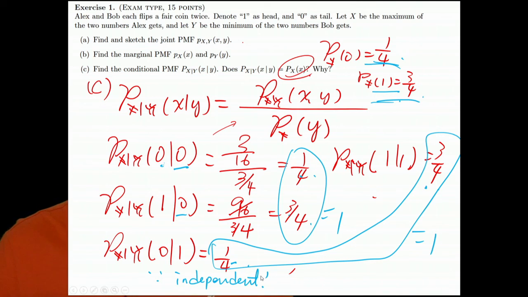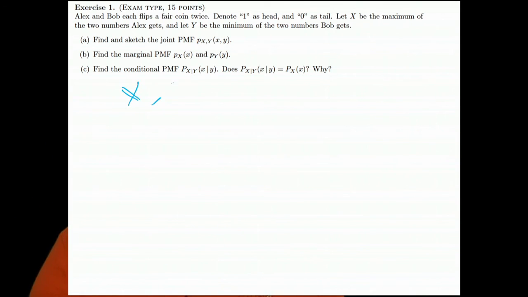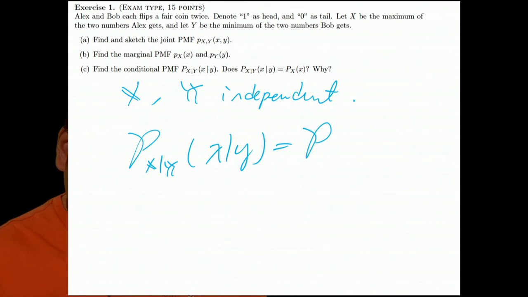X and y are independent. So the conditional PMF of x given y is just the PMF of x, because it doesn't care about y.